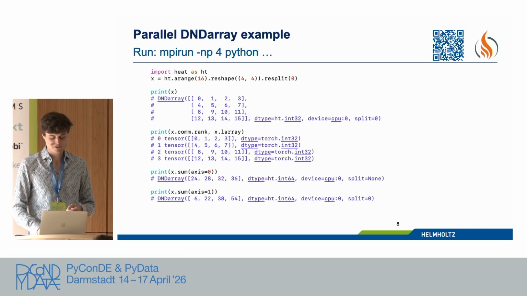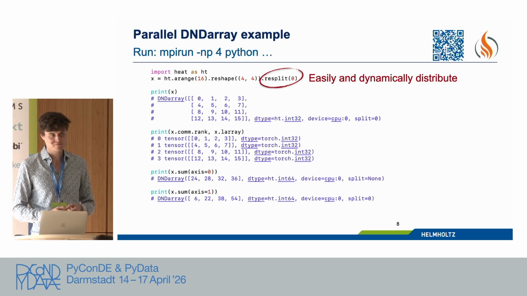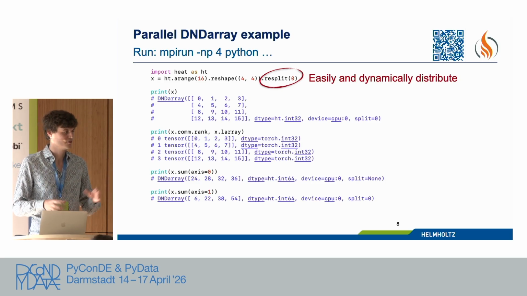And then we call a heat-specific function called resplit. And this just changes the distribution. It's kind of a dangerous function, maybe, because this will do a lot of communication underneath. And depending on the data set, you might run out of memory if you transpose it. But anyways, if you want to change the distribution, it's really very easy.